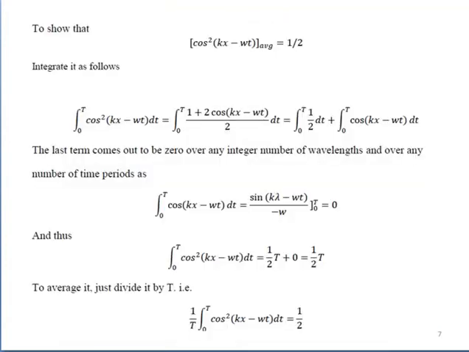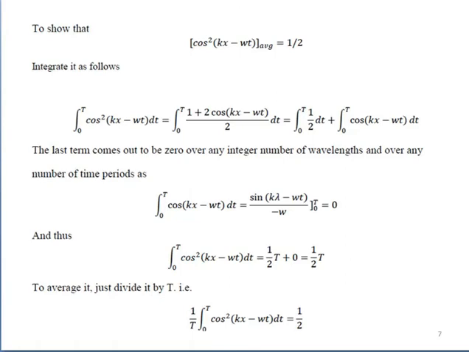Now let us show that the average value of cos squared of kx minus omega t is equal to 1 over 2. So integrate it over one time period, you can integrate it over 2 time periods, and then take the average.